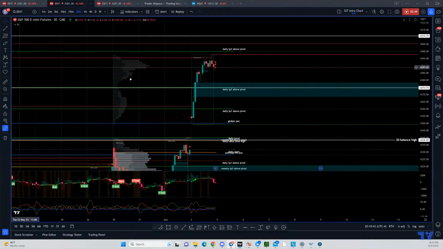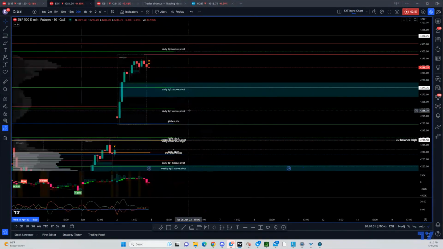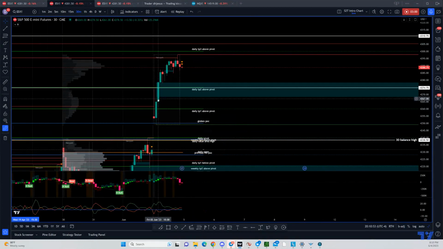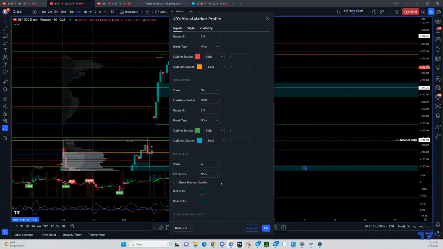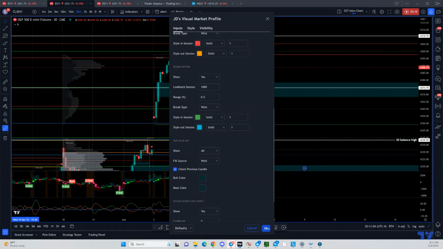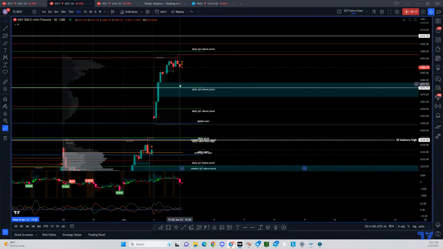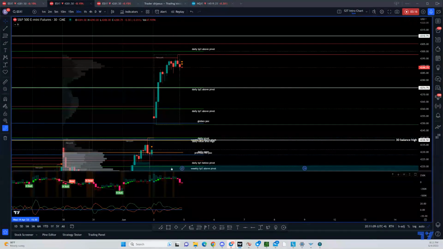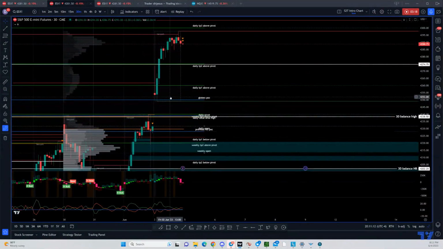As you can see, we have this single print here from 72 to 68. Actually, I'll take that back because this candle got to here. This is when it gets a little tricky between the fair value gaps and single prints. If I check the previous candle here, let me see if it changes the zone. There should be a single print here from 75 to 77.